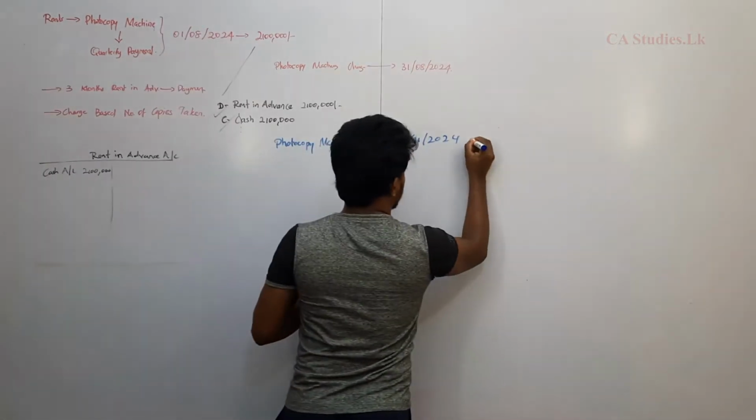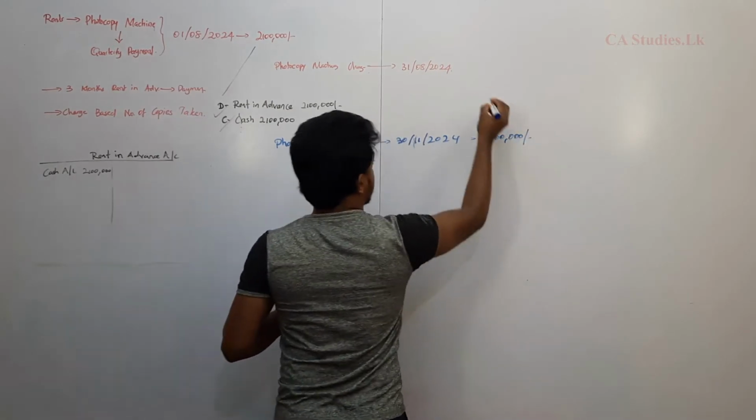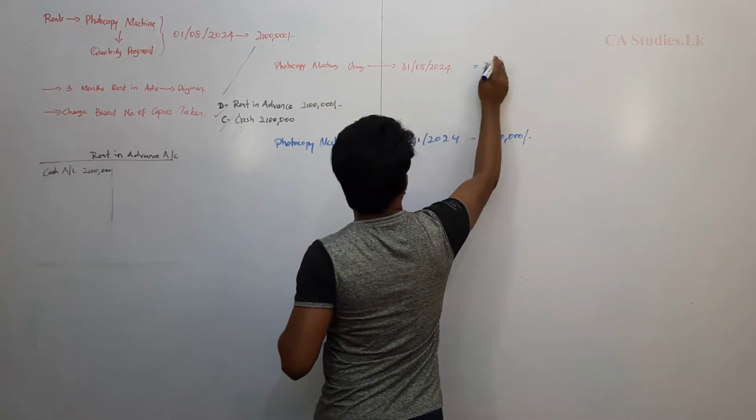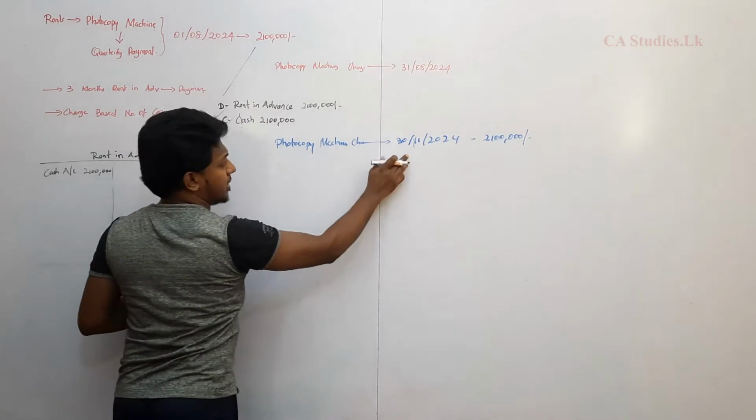That bill also 2,100,000. Here first bill is here, second bill is here.